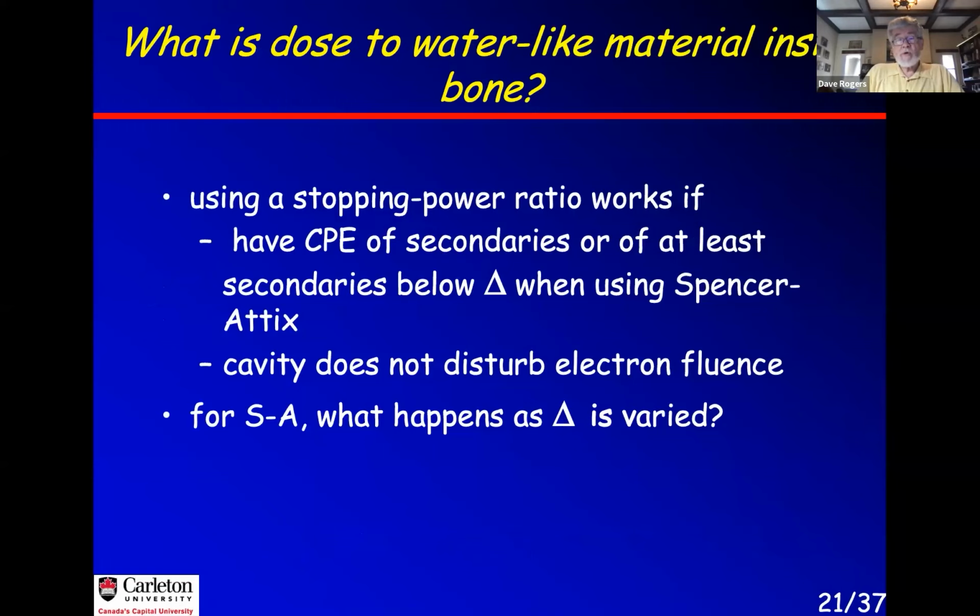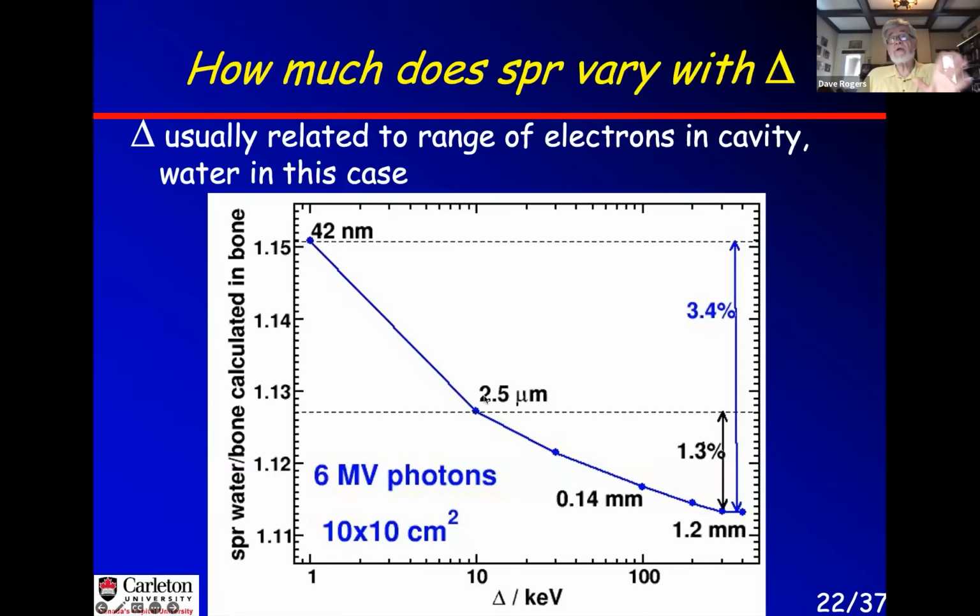So then the real question is, what is the dose to water-like material inside the bones? And using a stopping power ratio works well if you have charged particle equilibrium of secondaries in your phantom, or at least for secondaries below some cutoff delta when you're using Spencer-Attix cavity theory. So now the question I had is, what happens if you vary the delta in the Spencer-Attix?